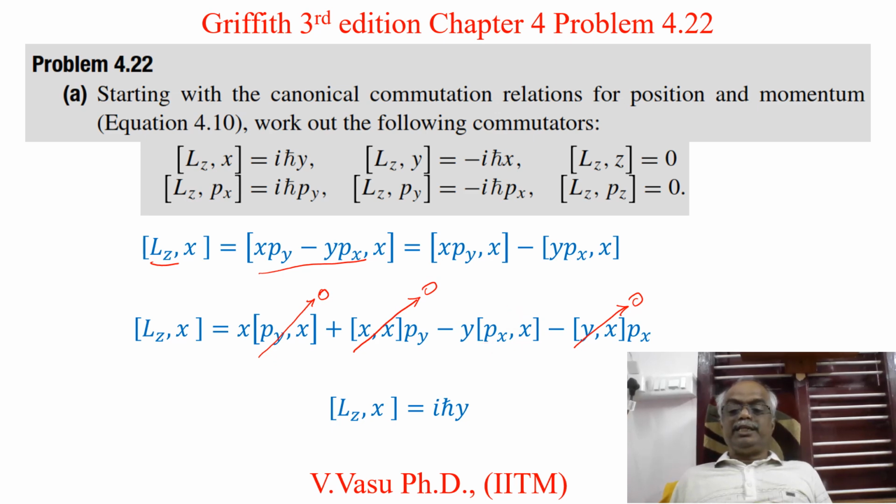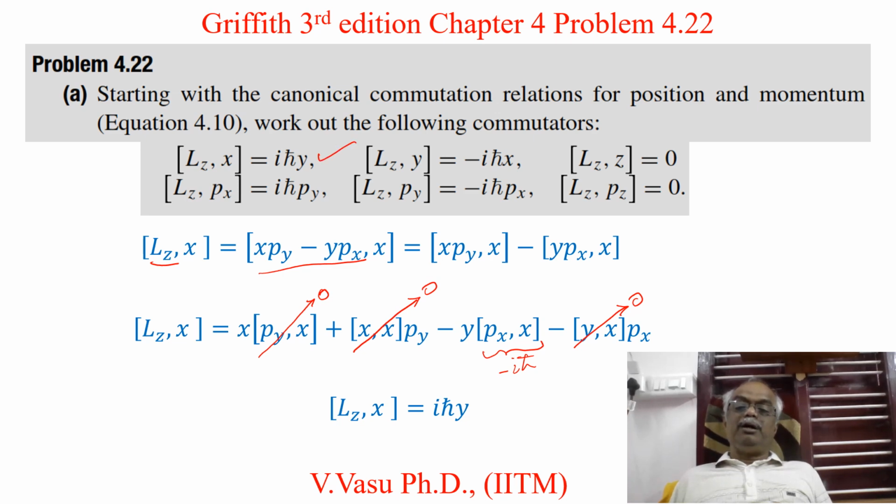The commutation of px with x is equal to minus iℏ. You know very well that [x, px] is plus iℏ, since it is [px, x], it is minus iℏ. Already there is one minus here, so the minus of minus will become plus. So the commutation of Lz with x is equal to iℏ y. y will come here. So we have proved the first one of the row.